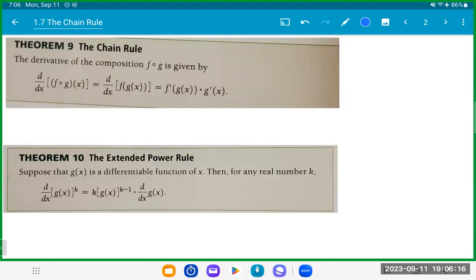We can do that as well by taking k times my g function raised to the k minus 1, and then I need to multiply by the derivative of my g function itself. Okay. And we'll look at a couple of examples of each of these types.